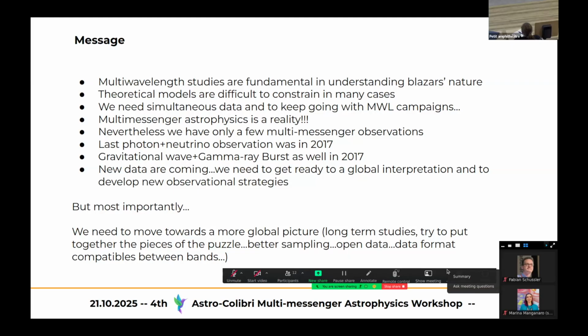But if your light curves have a lot of holes, you cannot really infer a theoretical interpretation. If data are not open, it's a mess, because then you need to wait for other people to analyze this data. And this can take forever, like it can take years. And this is terrible.